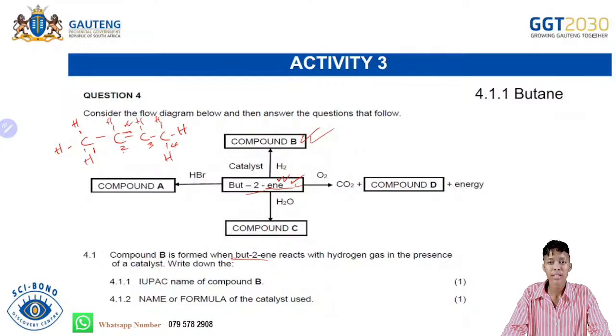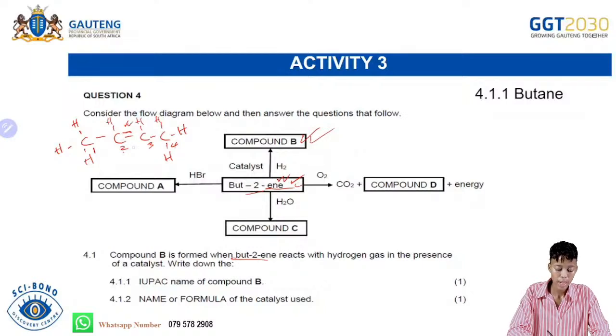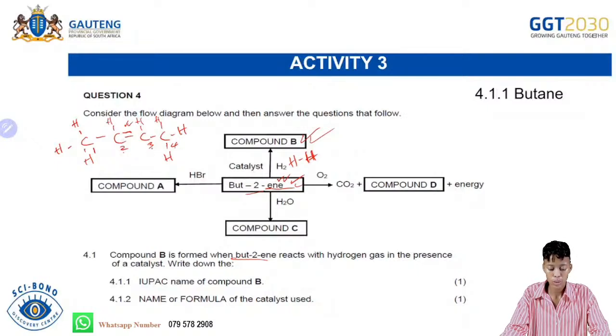And what is it that you are adding so that you can get to compound B? You are going to add H2. So when you add H2, you can either add it on carbon number 2 or on carbon number 3. So H2 therefore becomes what? H and H. So where are you going to add it? If you add it on carbon number 2 or on carbon number 3, it is not going to make any difference.